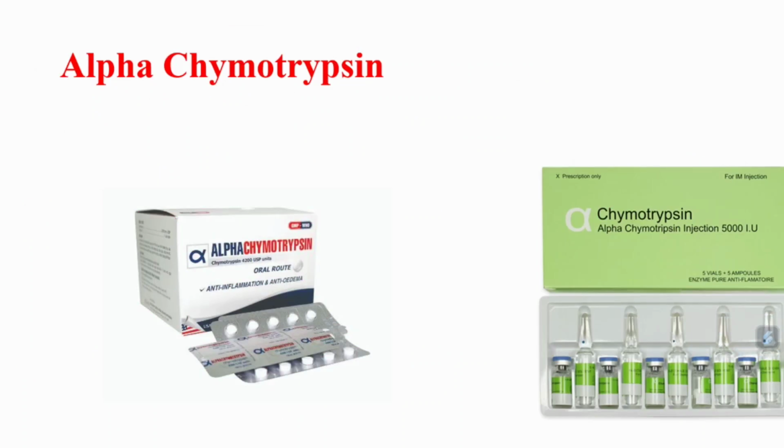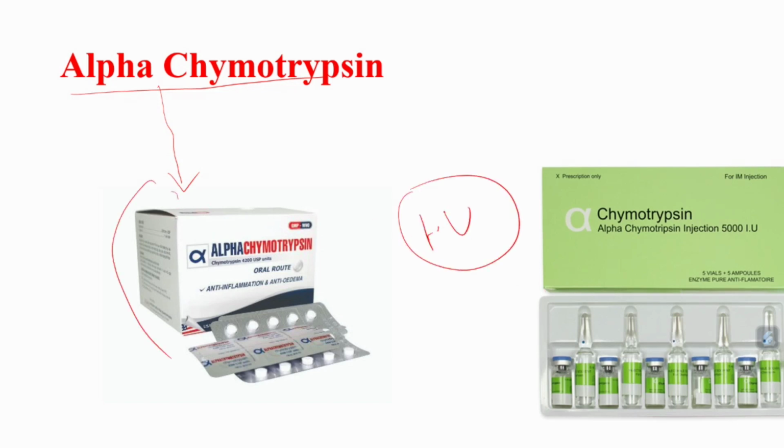Now let's discuss the next very important enzyme, which is called alpha chymotrypsin, which is very similar to chymotrypsin. Here, one difference is alpha chymotrypsin is not only available in tablet form, but also in IV form. This is very important. And alpha chymotrypsin has certain uses in the hospitals.